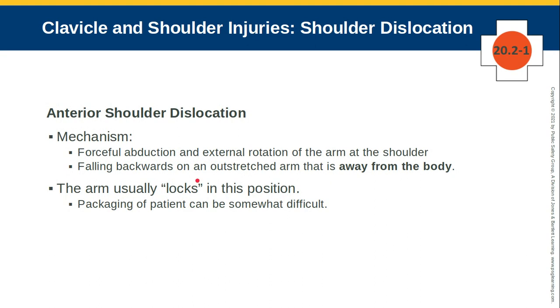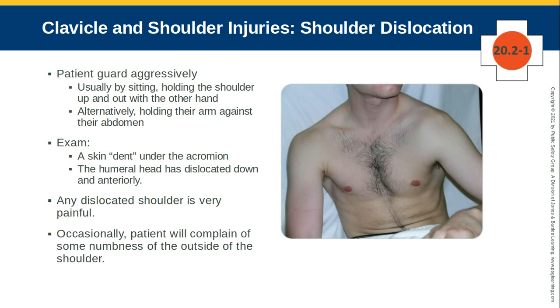Now, the mechanism for that is going to be abduction, moving the humerus away from the body, and rotation. If that happens, sometimes the most pain-free position for the patient is to just keep their arm in that position. If you think about how this can occur, think about a kayaker making a big, wide power stroke, and then consequently wanting to stay in that position to avoid any pain.